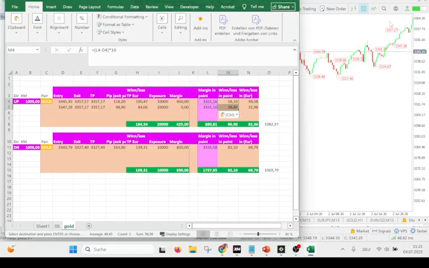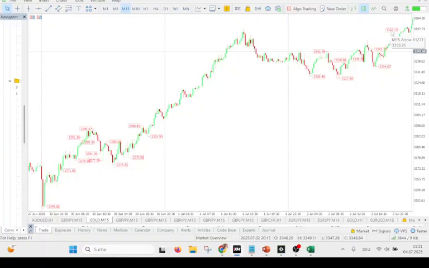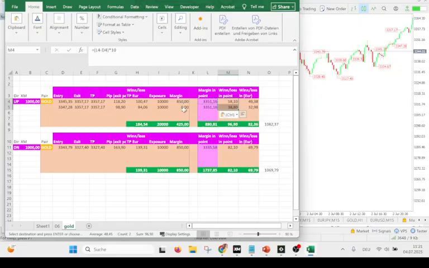And of course, when I reach my target here of 3357, then both are winning trades, winning 184. But here I wanted to show you how easy it is to make losses, even if your initial idea was right.